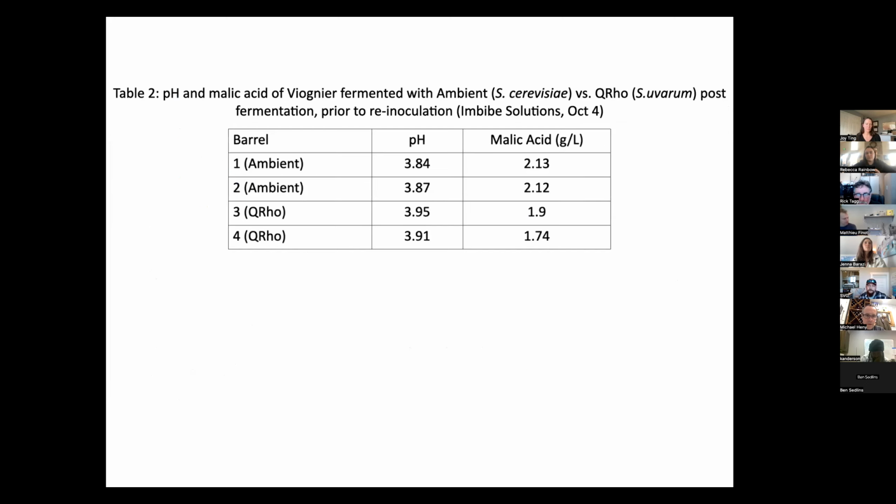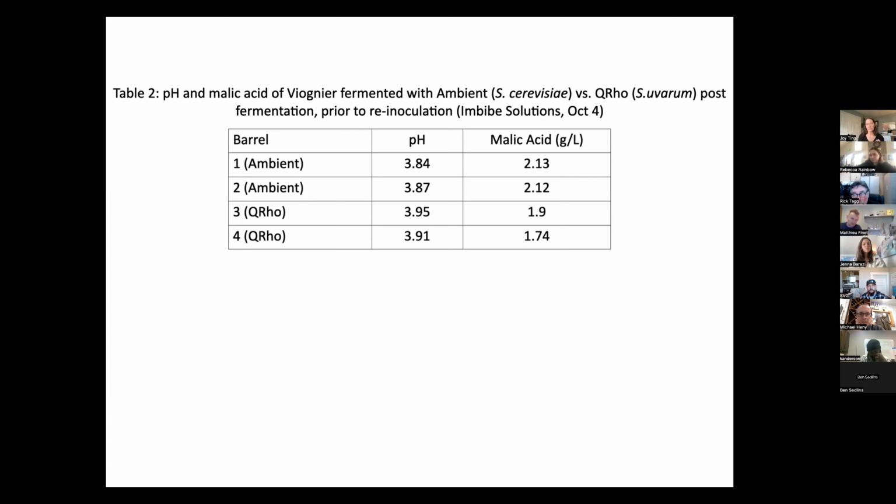When Rebecca called and said we were going to restart these fermentations, we once again pulled some chemistry at that point, just in case anything about the reinoculation went strangely. At that point in early October, when we looked at the pH and the malic acid of those two wines, once again, we saw that the Q row really did not help the pH at all.